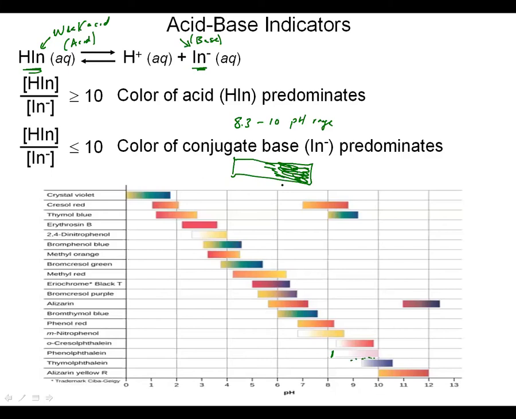And around the equivalence point, usually, if you use this for something like vinegar and sodium hydroxide, which maybe you've done before, vinegar really is acetic acid, and acetic acid is a weak acid. Sodium hydroxide is a strong base.